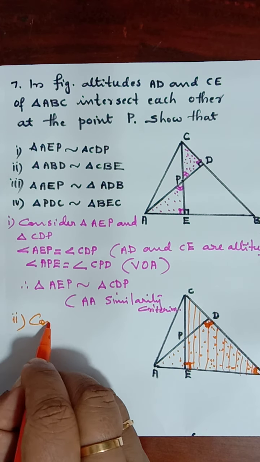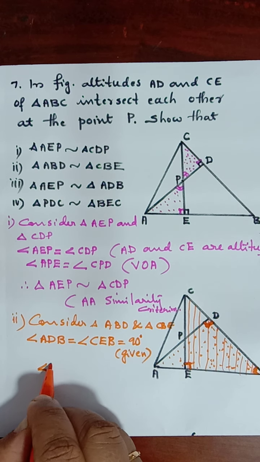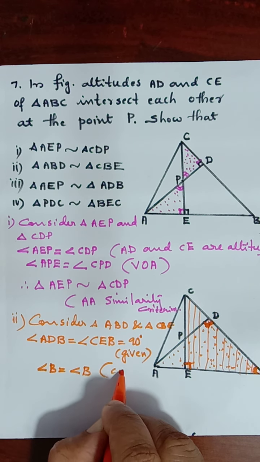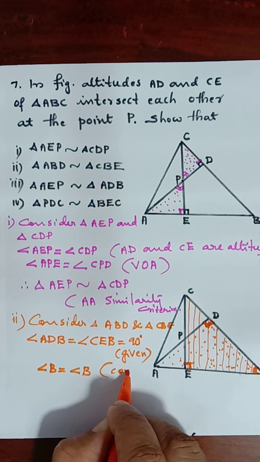Now see the common for both of them. That is angle ABD for triangle ABD, and for this one also it is angle EBC. That is, angle B is common. Angle B is equal to angle B, which is common.